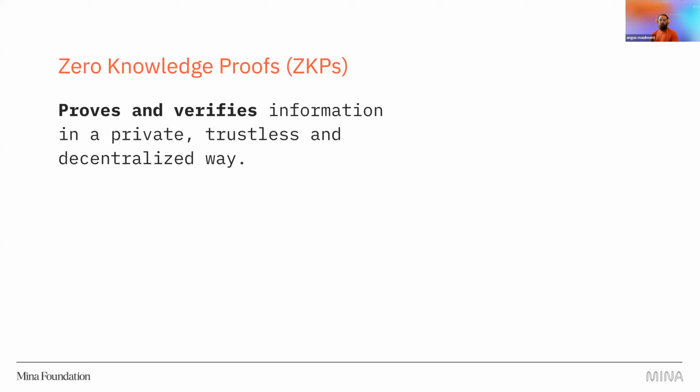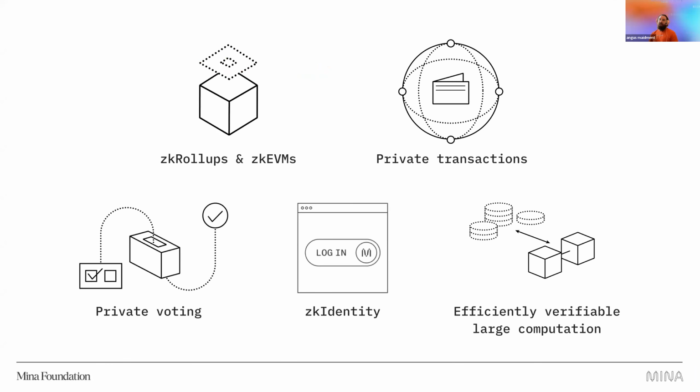And so we're just going to have a quick introduction to zero knowledge proofs here. I'm going to tell you what they are and what you can do with them. So with a zero knowledge proof you can prove something, and then someone else can verify information in a private, trustless, and decentralized way, right?